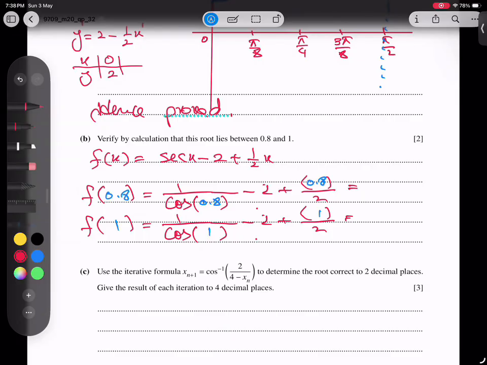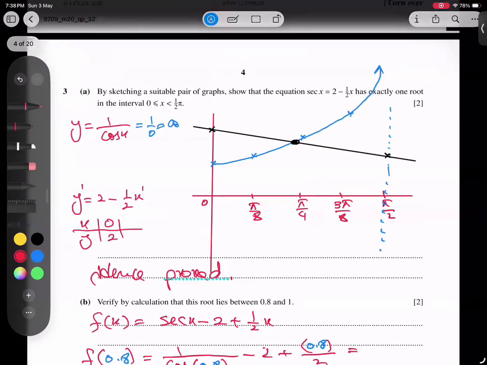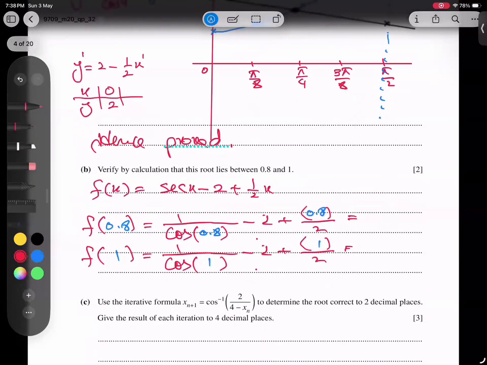So 0.8, I kept first of all, and negative 2, plus 0.8 divided by 2. I'm getting the first answer as negative 0.164. Now if I place the second value 1, let's see what happens. It must be the opposite sign. Yes, I'm getting a positive sign, students, 0.35.